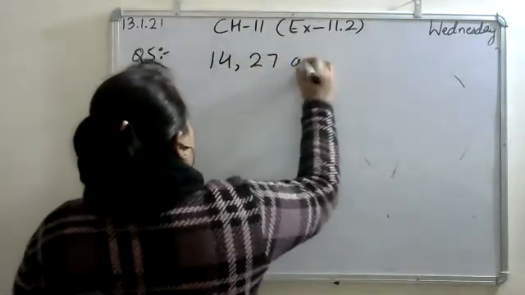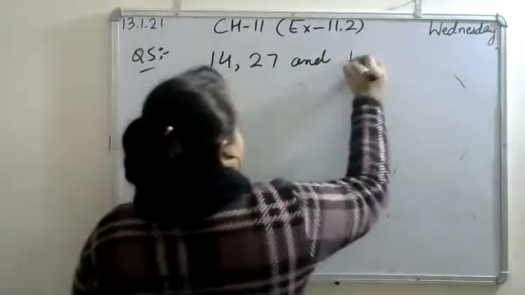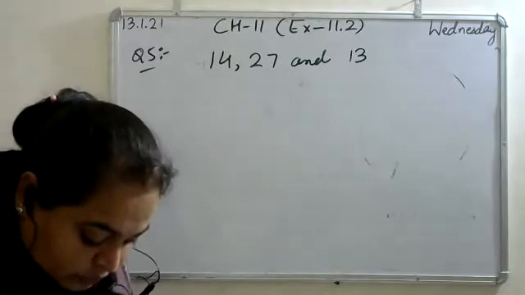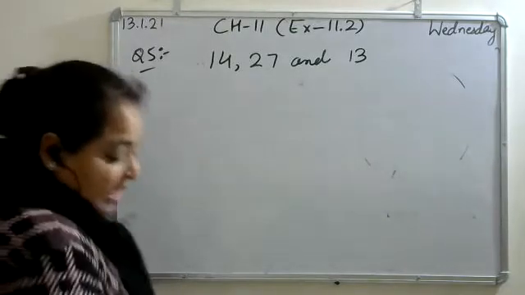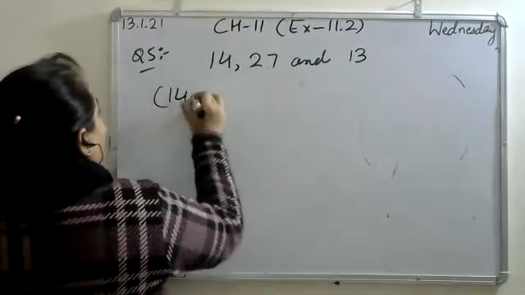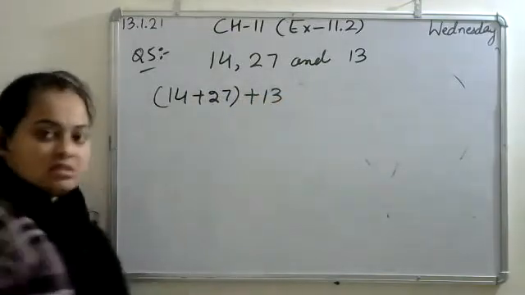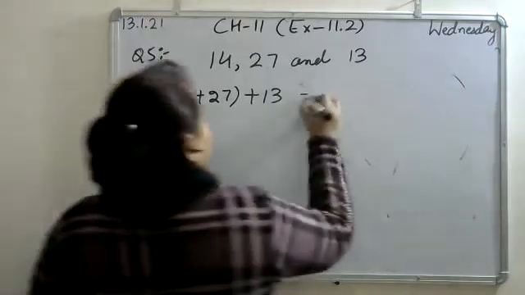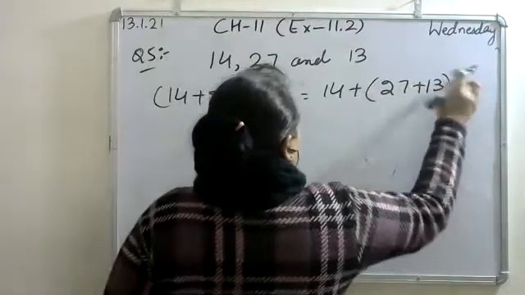According to the question, we will add these three numbers like this, given in the book: (14 + 27) + 13. This is the first way, and the second way is 14 + (27 + 13).